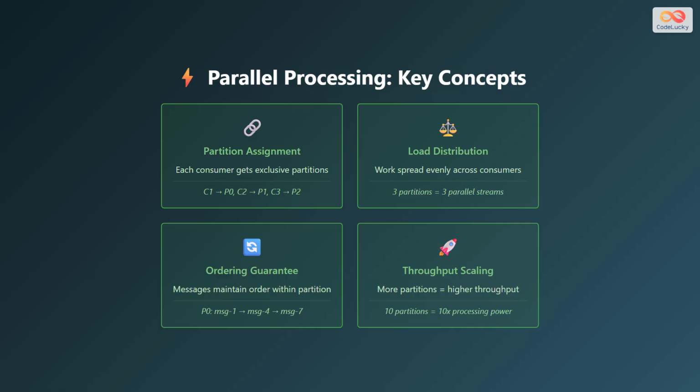Messages within a partition maintain their order. This is critical for applications like financial transactions where sequence matters. Finally, throughput scaling is linear. More partitions mean more independent streams and more opportunities for parallel processing. 10 partitions enable approximately 10 times the processing power compared to 1 partition.